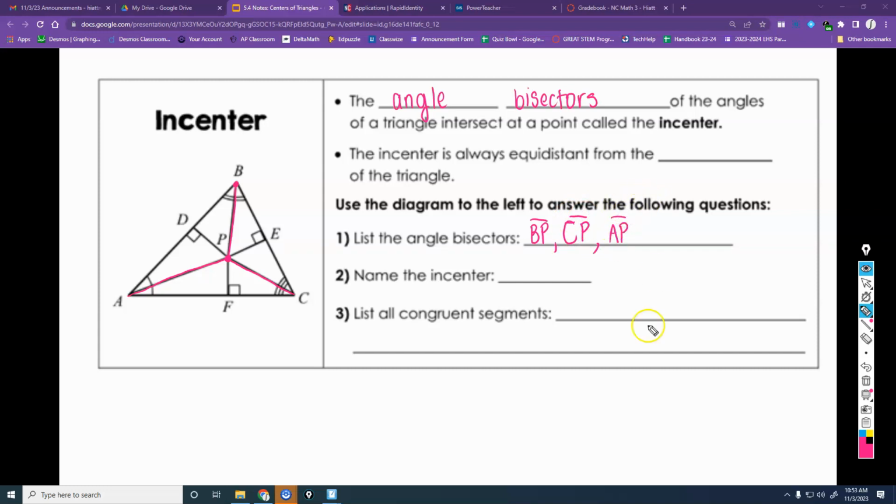Oh, wait. I did not fill in this blank up here, did I? The incenter is always equidistant from the sides of the triangle. So for this, P is our incenter.